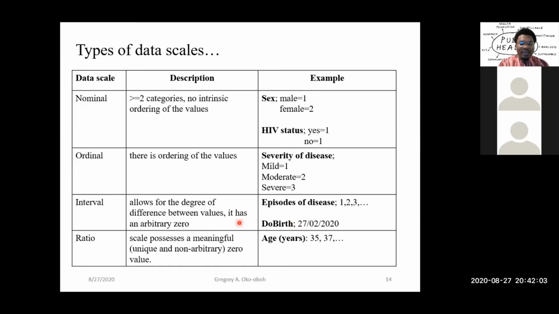On the other hand, ratio scale has a true 0 point. In other words, if you say 0, it truly means the absence of that variable. If you say this person is 0 years old, it simply means this person is not born yet. It's the absence of that variable.